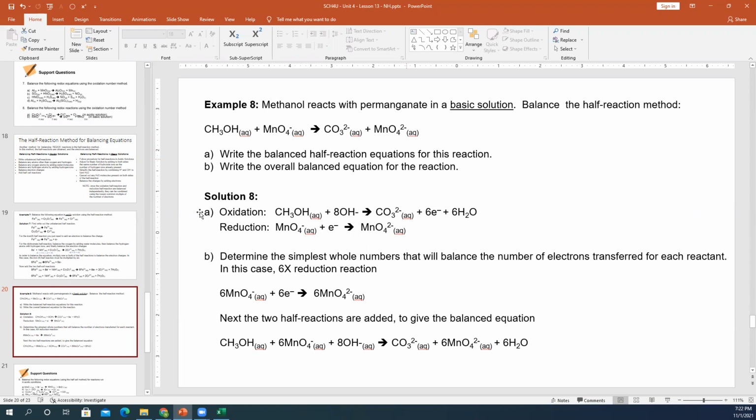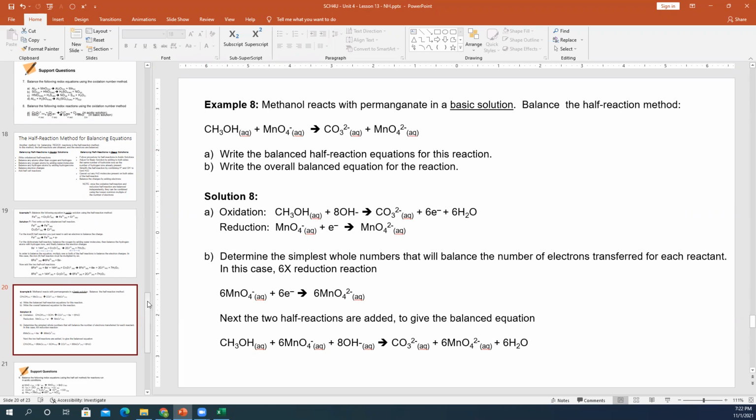I think actually it's the same example as before, but we're just going to balance it using this new method. So you're being asked to first write the balanced half reaction equations for this reaction, and B, write the overall balanced equation for this reaction.